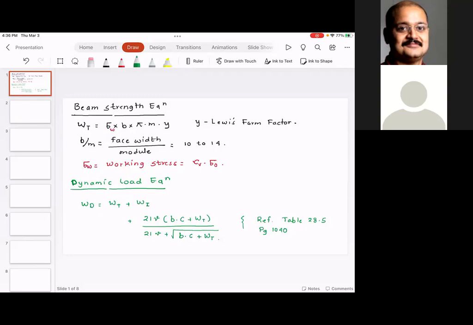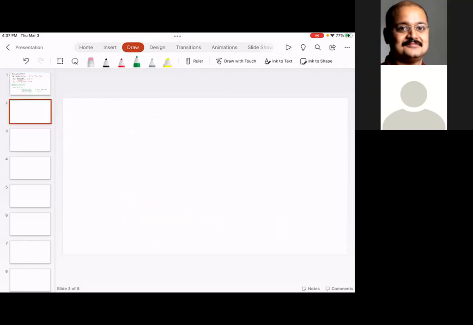Now, the key question is that the gear tooth is going to be subjected to the dynamic load. Would the gear material sustain this dynamic load? For that, we need to find something called the static or the endurance load.